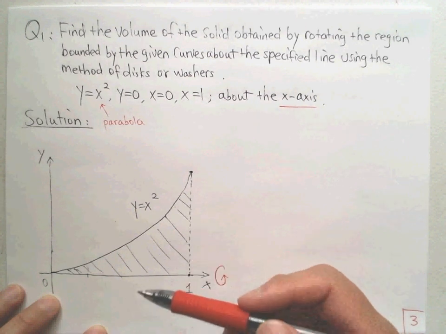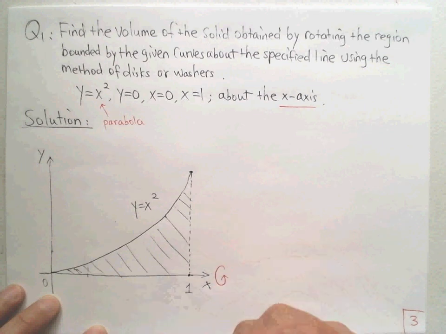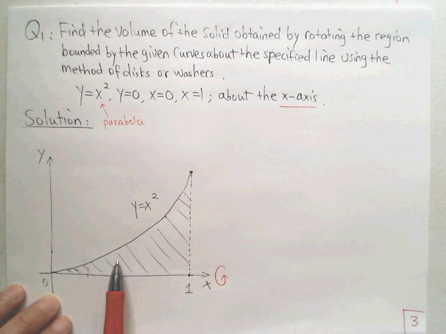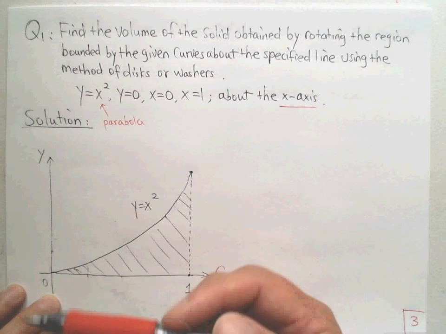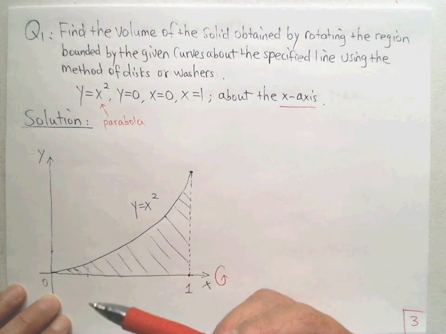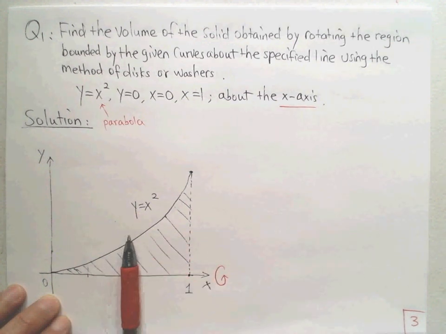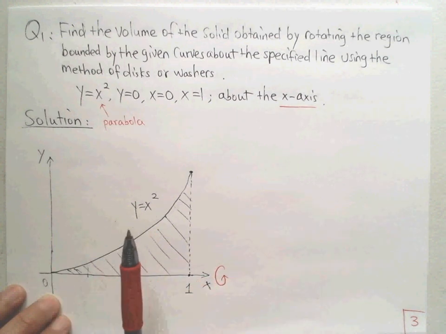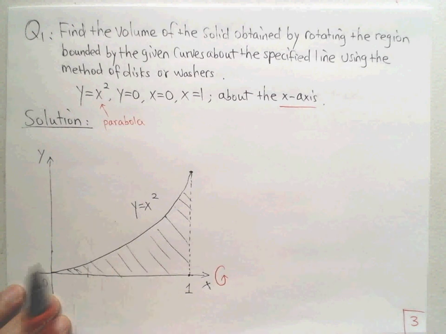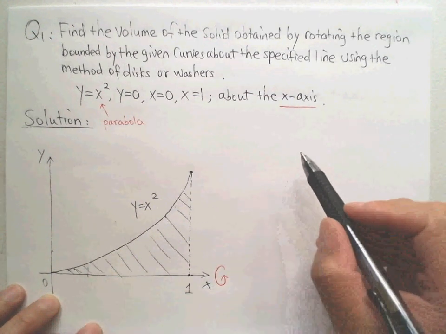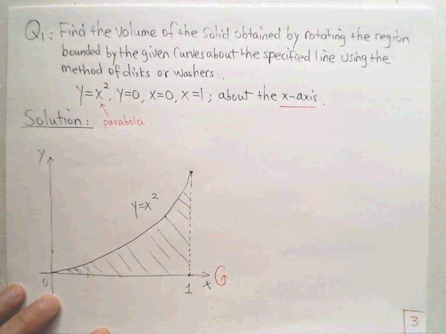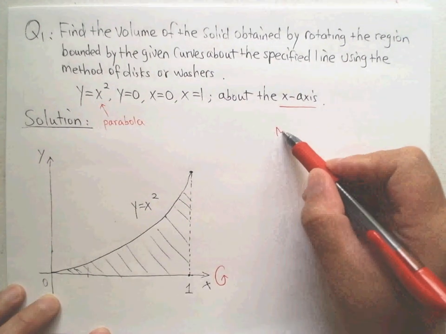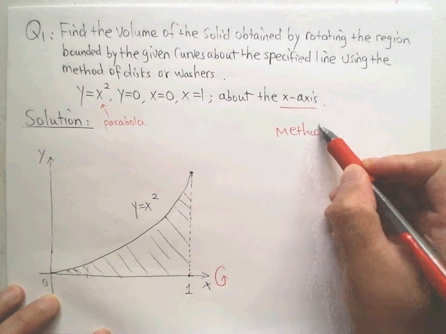This time the solid has no hole inside, because the bottom is along the axis. No hole inside means we only have one radius, the outer radius. We don't have an inner radius.